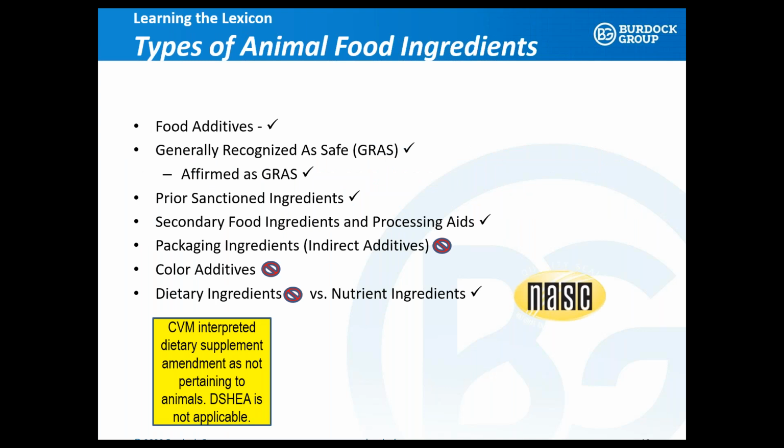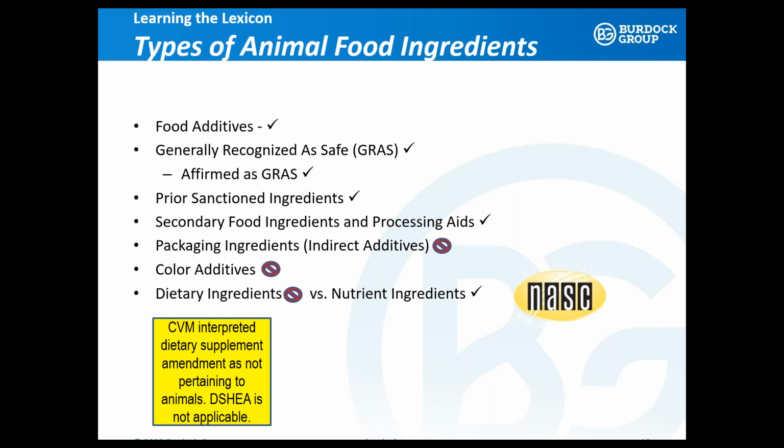And these are a few types of animal food ingredients. At the top, you have food additives, generally recognized as safe ingredients, prior sanctioned ingredients, secondary food ingredients, and processing aids. And these next subsequent ones are not animal feed ingredients. So you don't have color additives or dietary ingredients, like I mentioned earlier.